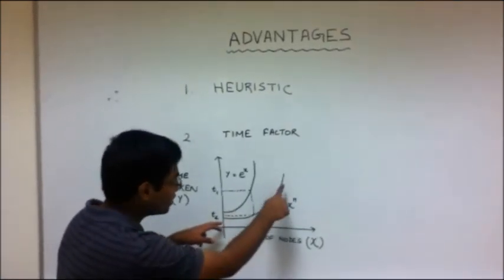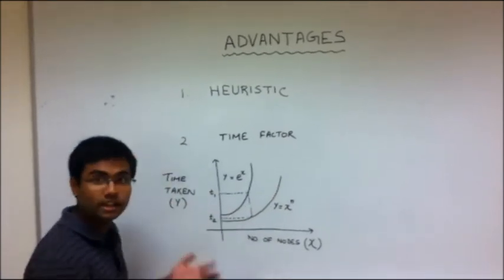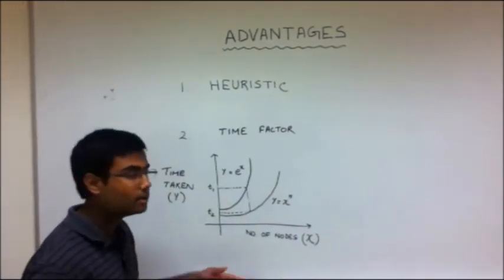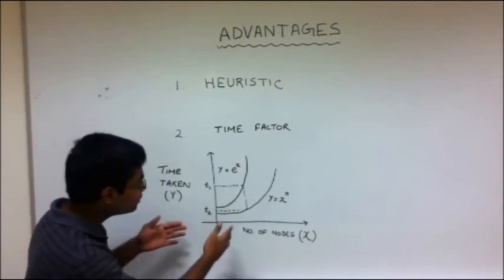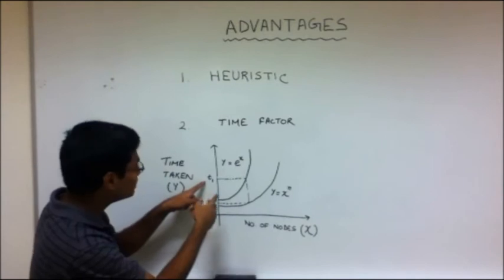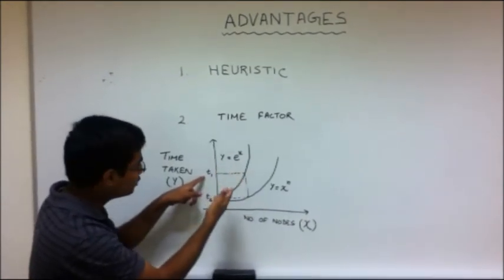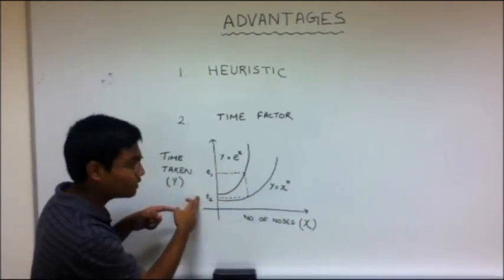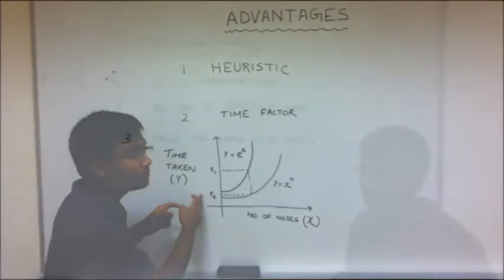The other graph is the genetic algorithm, which takes polynomial time to solve the same problem. Thus, at any certain number of nodes, we see that the brute force algorithm and the other algorithms take much more time compared to our genetic algorithm.